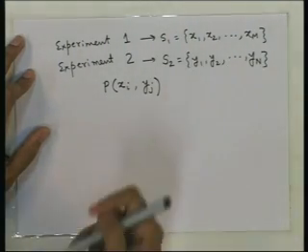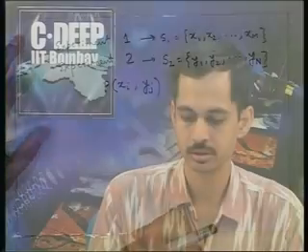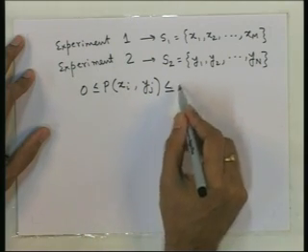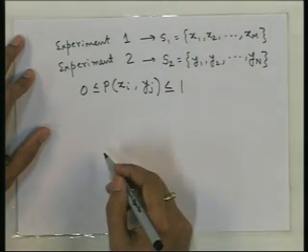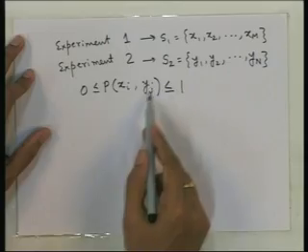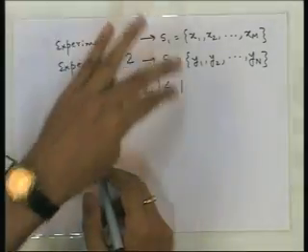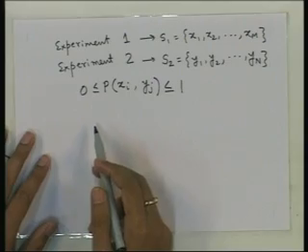That is, we perform both the experiments, and what is the probability that the outcomes are xi and yj? So, this will obviously be in this range, and this is called the joint probability measure of these two outcomes.